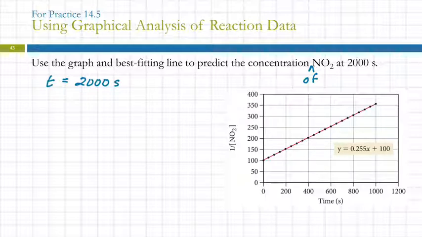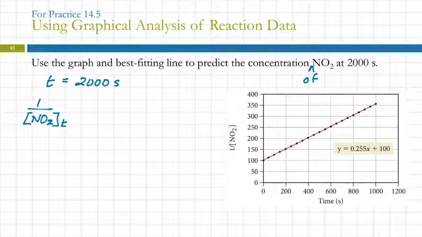And we've got this equation, right? Y in the equation is 1 over NO2. And say we forgot that. What's the axis label here? 1 over NO2. That's what Y is.